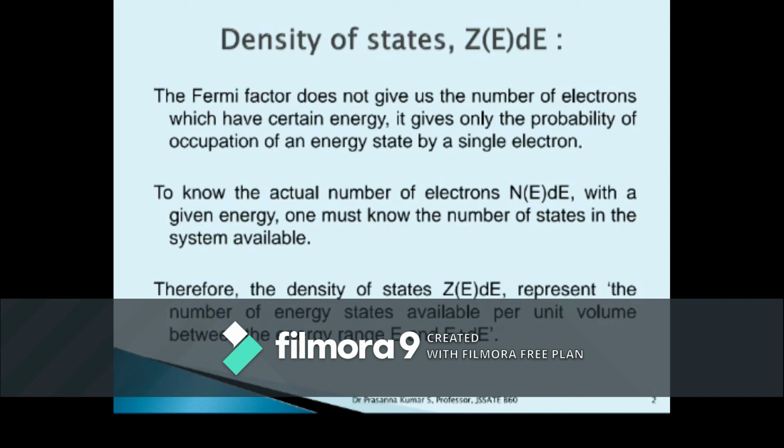Since we can't see with the naked eye, we cannot count whether it is present or not by usual numbers. Therefore, all the measurements are only probabilities. So if there are N of E dE electrons present in a given energy range, then it is equal to the density of states multiplied by the Fermi factor.